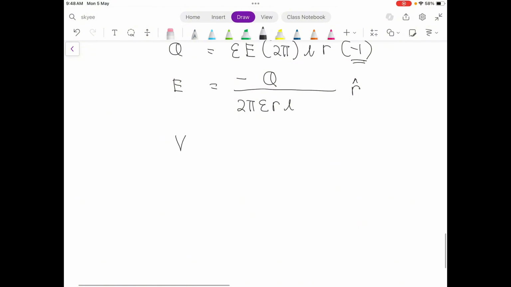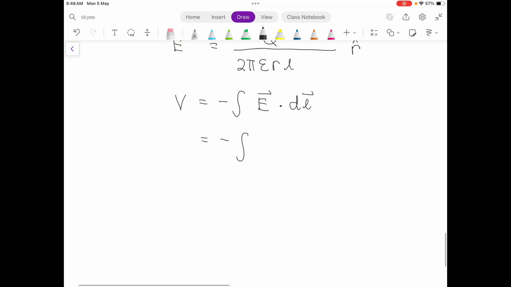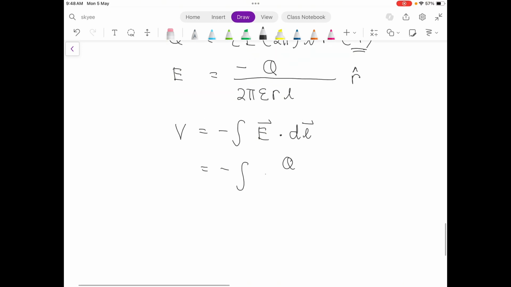So your V is equal to negative E dot dl. So you put the term inside. So you have Q over 2π epsilon R L, and in the R direction, you have a negative, dot with the dl.